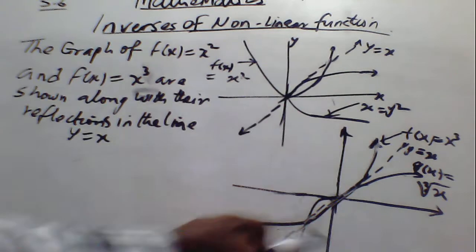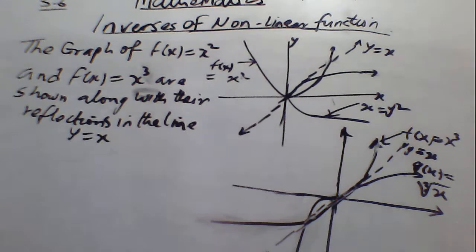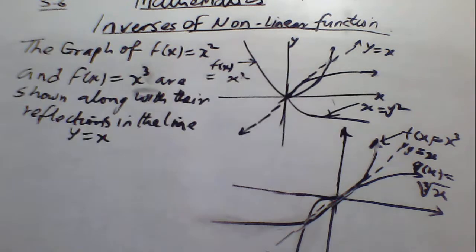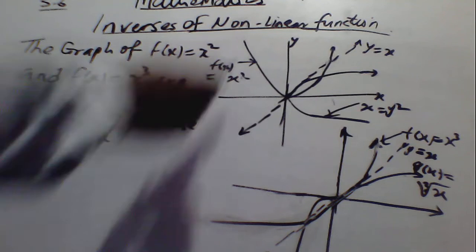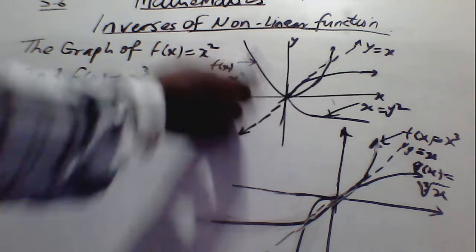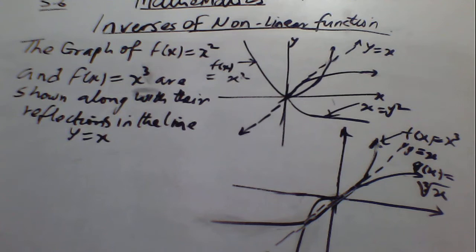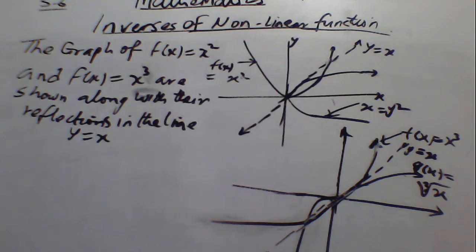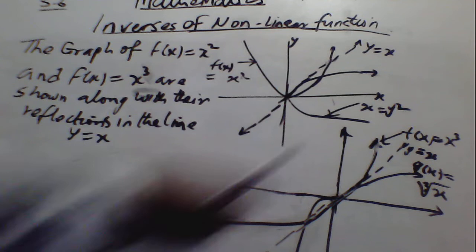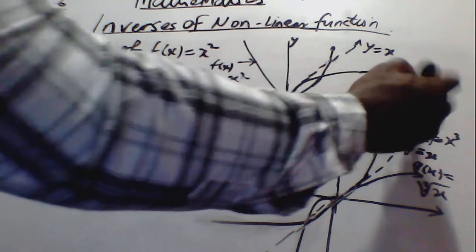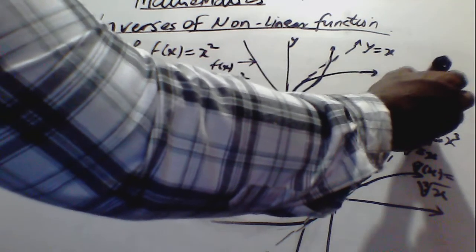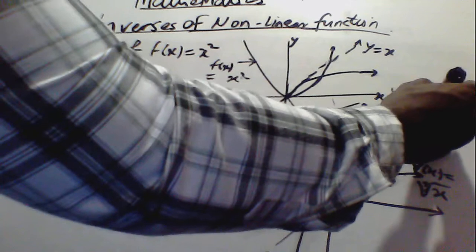So one is a reflection of the original or the parent function, but this is not, as it tends to focus on the x-axis, while this one has a value along this side when x is less than 0. At this side, x is greater than 0. But we know that if you solve this further, we have that y will give us plus or minus the square root of x.